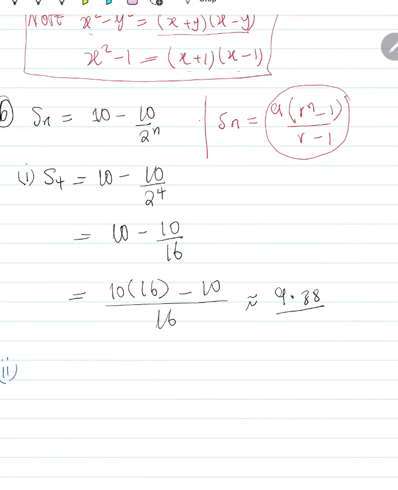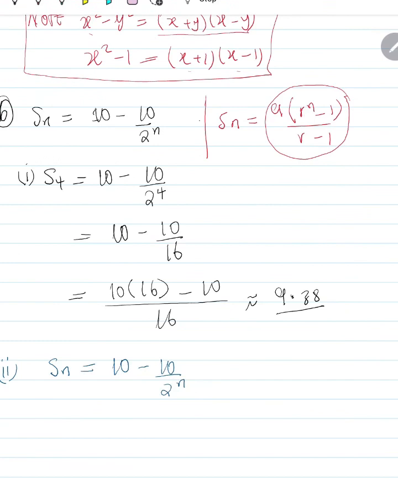Now we want the first term of this geometric progression. So what is the formula for S? We have Sn, remember, given by 10 minus 10 divided by 2 to the power n.